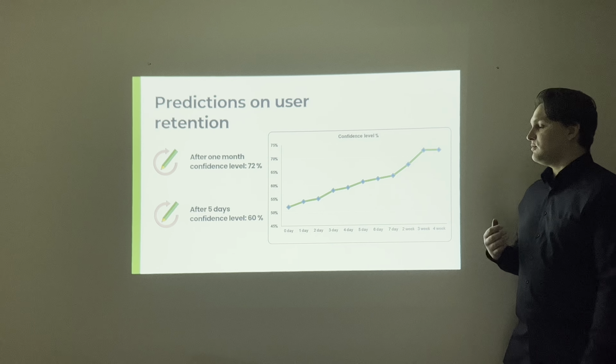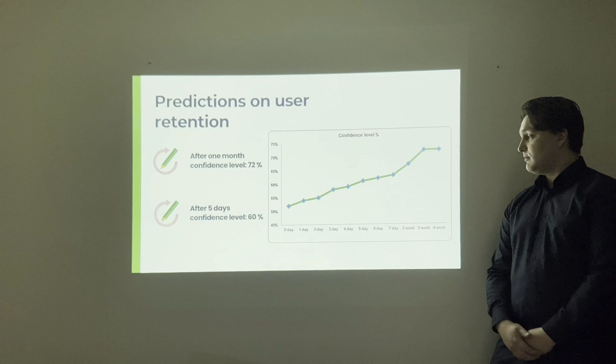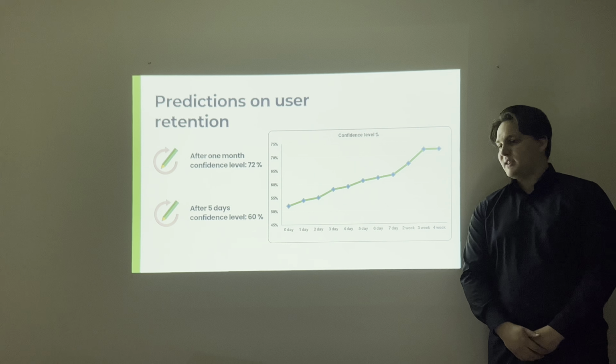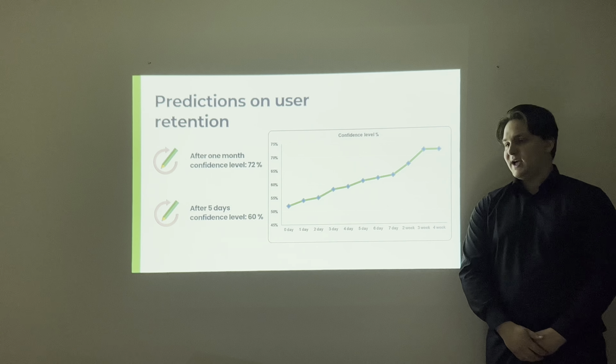However, we understand that 4 weeks is quite a long period of time, therefore we chose a breakpoint, which has a perfect trade-off between time and accuracy. Our trade-off is 5 days and it has around 60% accuracy.